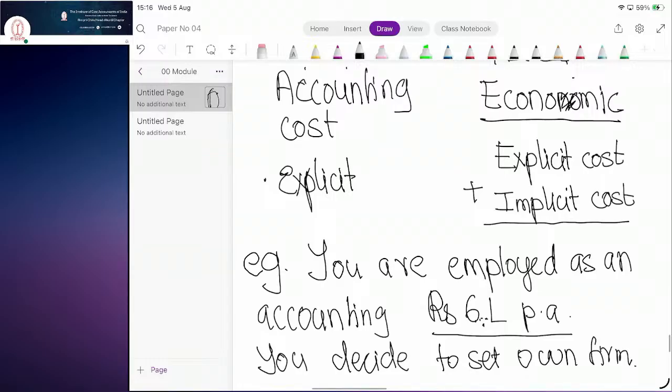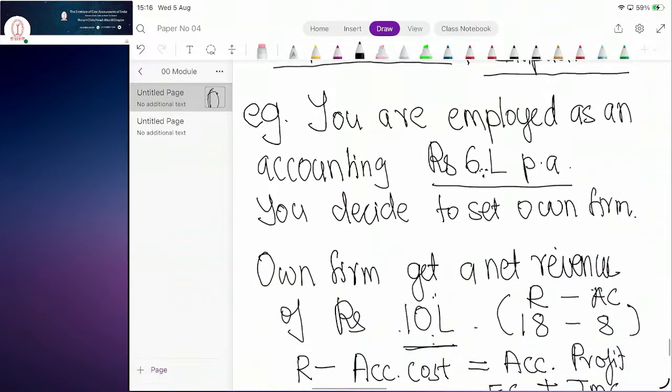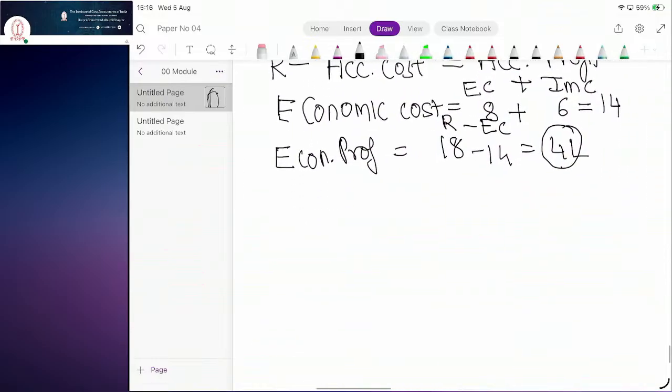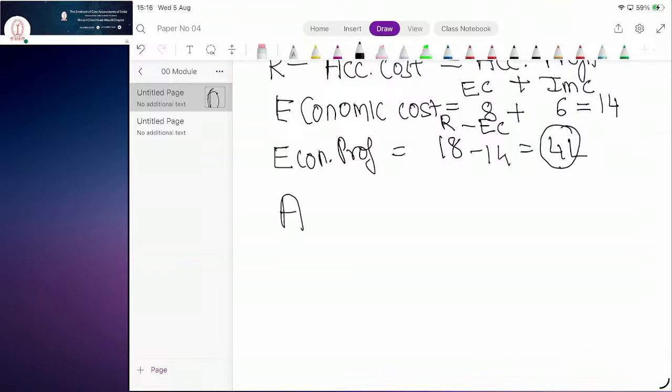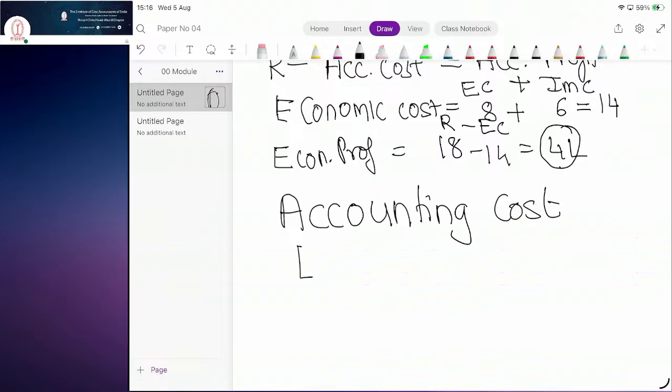Remember the thing. You will always consider explicit cost and implicit cost. Okay, this economic cost is also another term for it. So first term we have seen is accounting cost. Okay, have you all got this? For this we have written, it's mainly what is called as explicit cost.